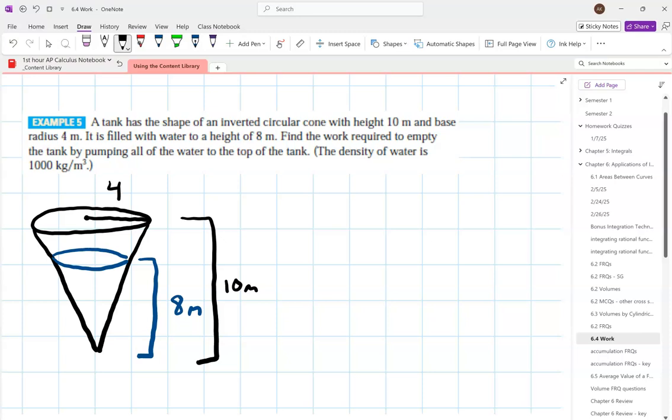So I just kind of drew in what we know. I'm going to go ahead and calculate the radius of the water right away, because if we talk about work here, the force times distance is just going to be mass times acceleration times distance. So I need to find that mass, I'm going to need the volume. So I'm going to need that radius, I think, to start.